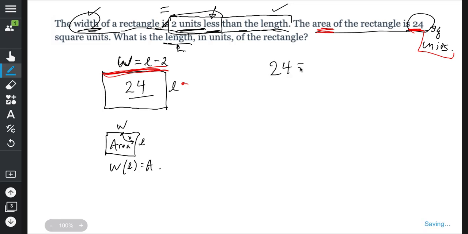24 is, and I'm not going to use W and L. Those are two different variables. I just want to stick with one variable, the L's.